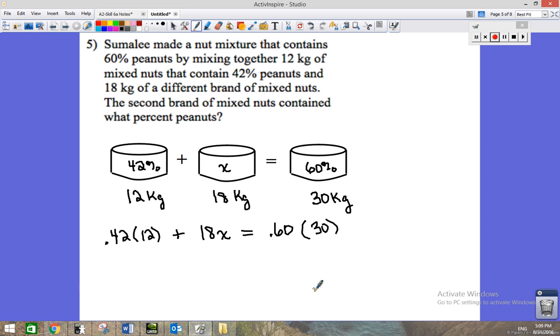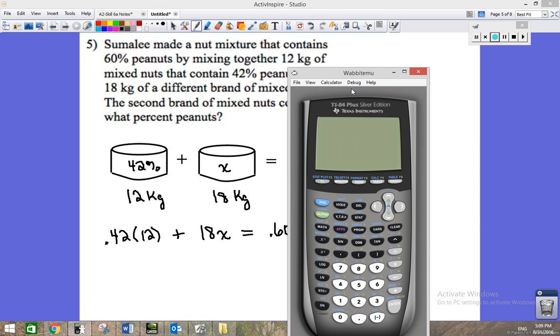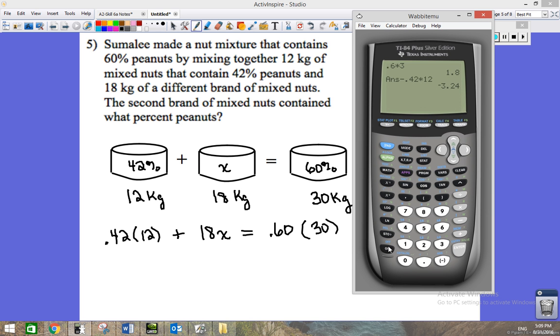All right, so let's go to a calculator and let's take 0.42, the 42% of 12. I'm getting 5.04. Let's take 60% of 30.